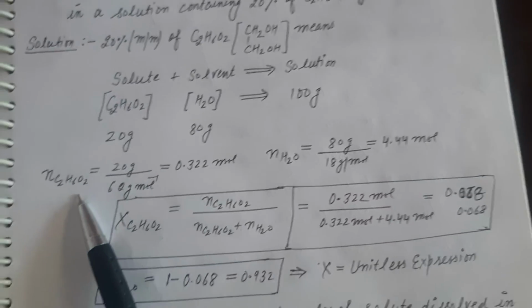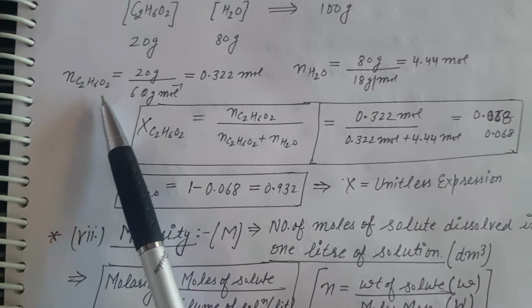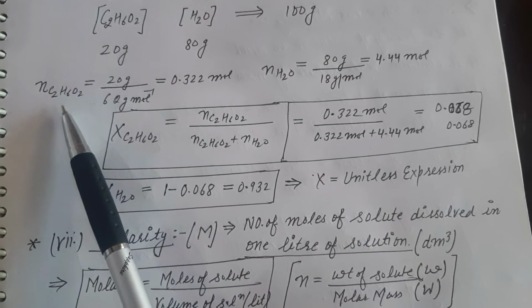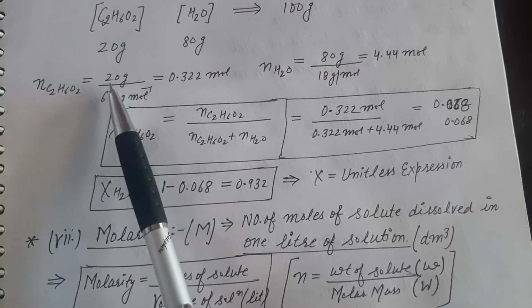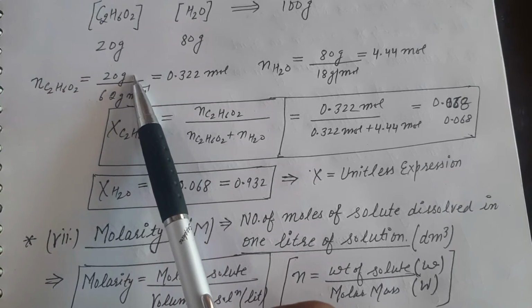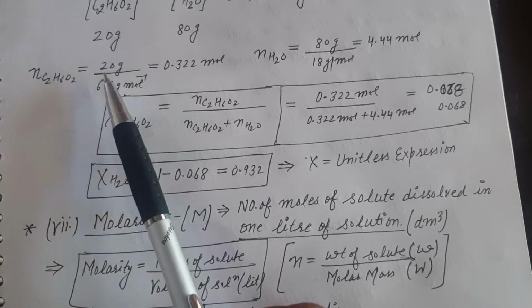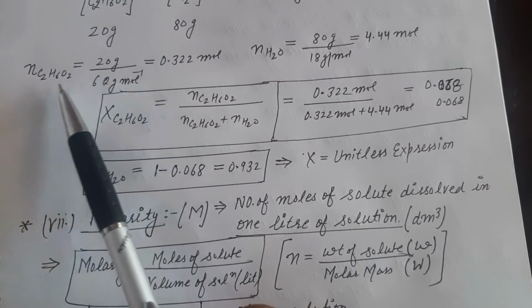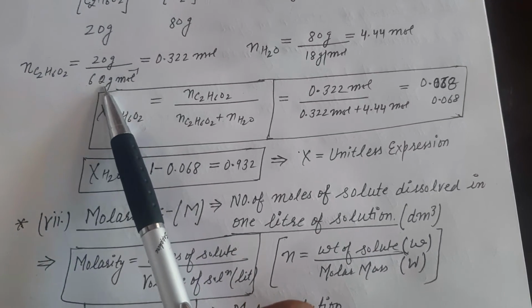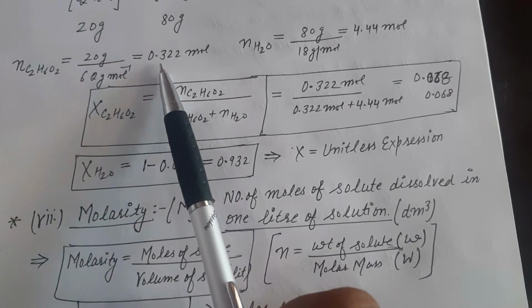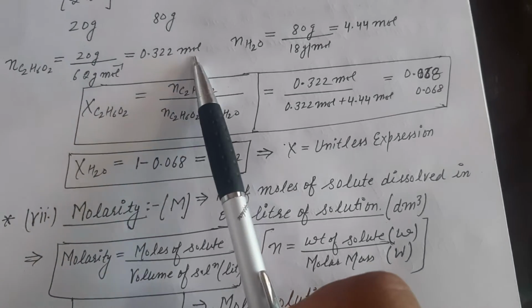The number of moles of ethylene glycol can be calculated by the formula: number of moles is equal to given mass of a substance upon molar mass of that substance. So 20 gram upon the molar mass of ethylene glycol, 62 gram per mole. So the number of moles of ethylene glycol will be 0.322 mole.